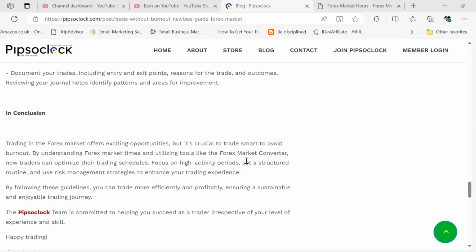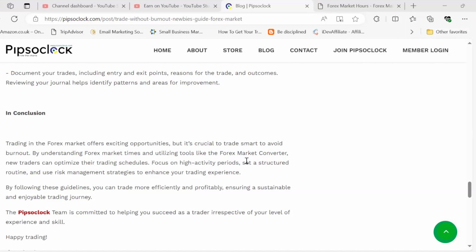Now, we are talking about from 1 p.m., the New York session. Let me start with the London session. During the London session, focus on just GBP USD and Euro USD, because around that period there's also the Frankfurt session.